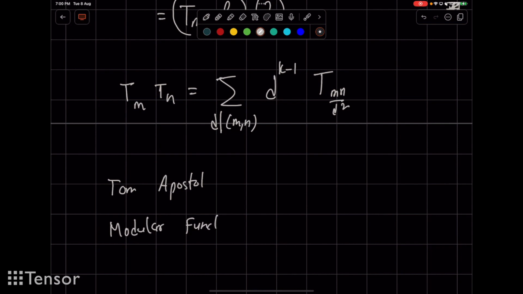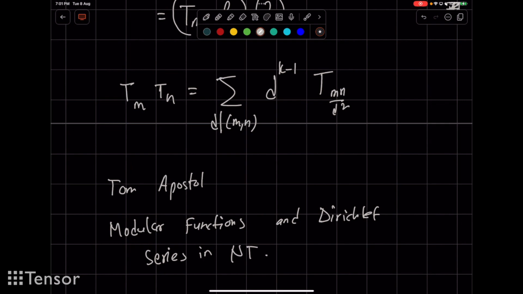This book is really good for learning about generalizations of modular forms called modular functions.